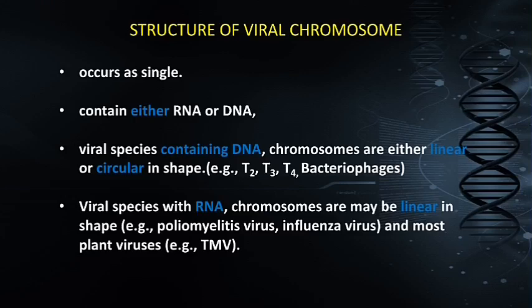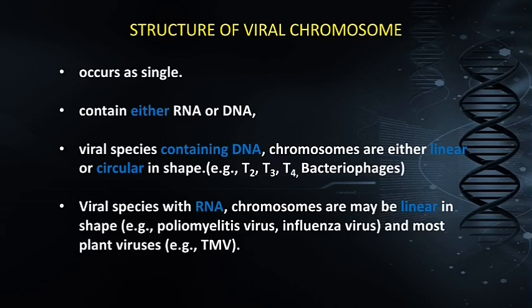The next category relates to the structure of the viral chromosome. Usually they are present as a single molecule of DNA or RNA. Chromosomes are either linear or circular in shape in viral species containing DNA as genetic material. Examples: T2, T3, T4 bacteriophages. On the other hand, chromosomes may be linear in shape in viral species containing RNA as genetic material.